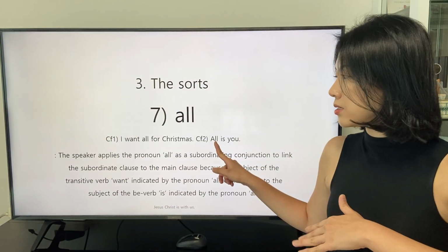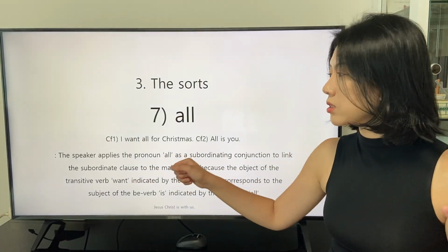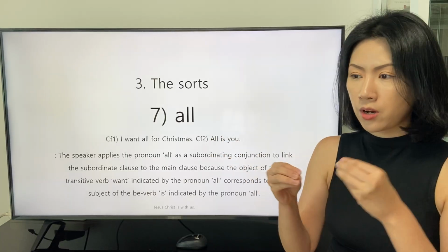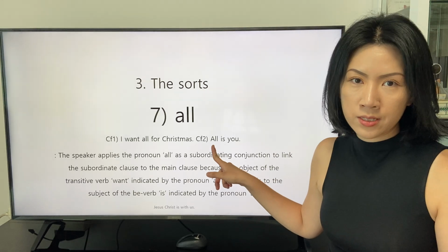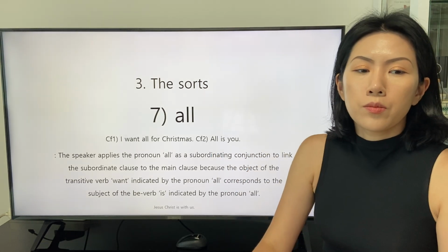The subject is replaced by the entire subordinate clause because they share the shared indication. The pronoun all is the subordinating conjunction.